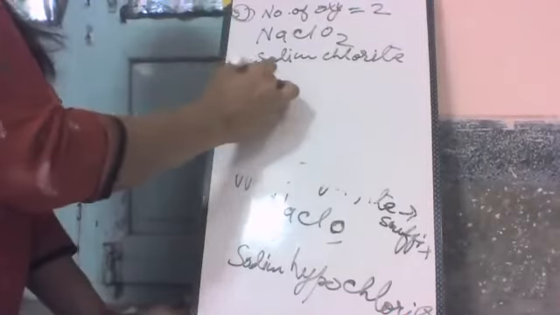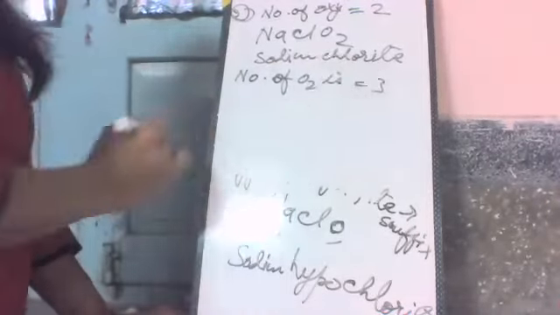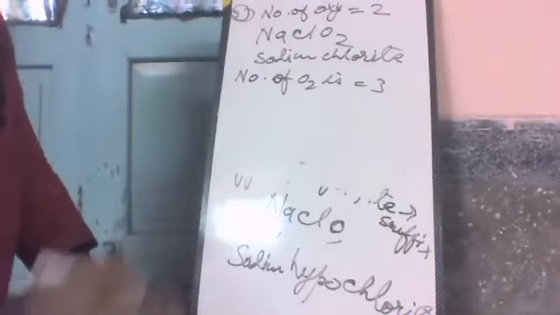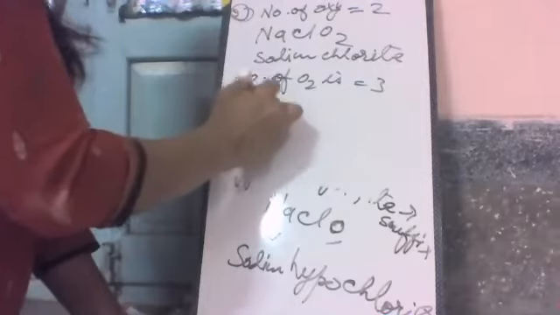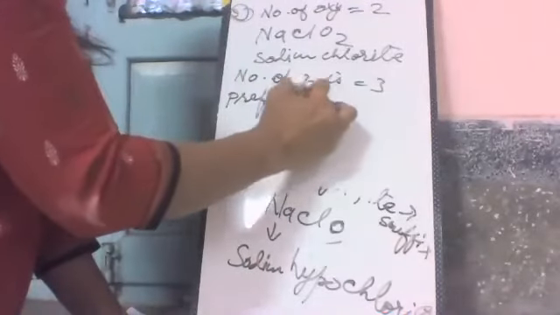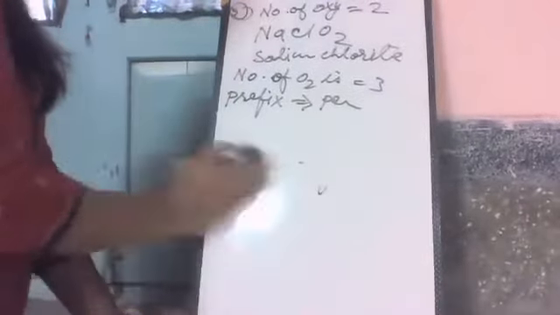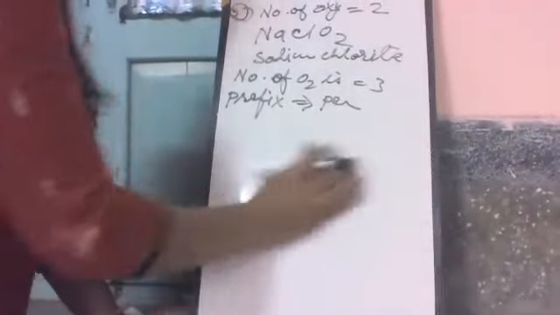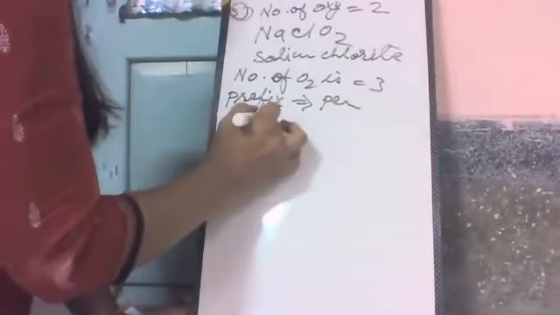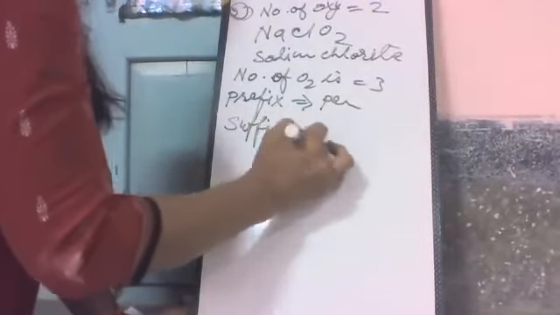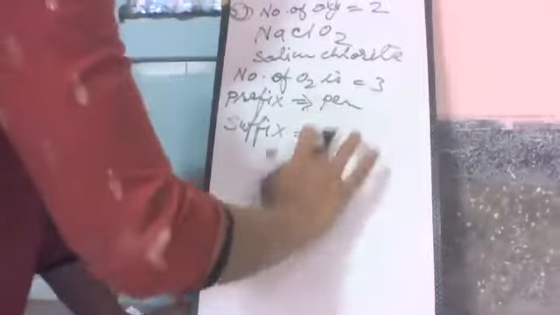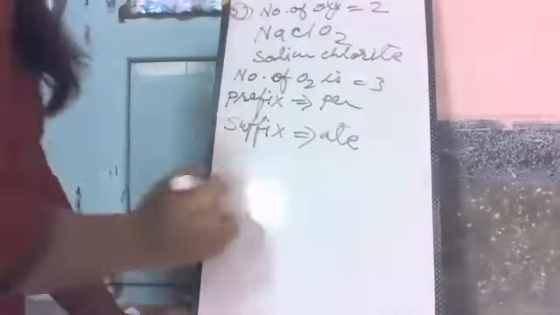Then if the number of oxygen is 3, per is added as a prefix, and the suffix ate is added.